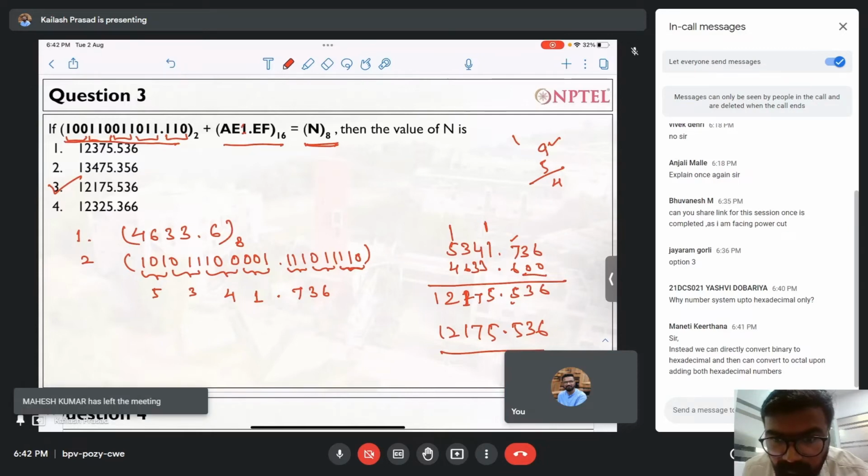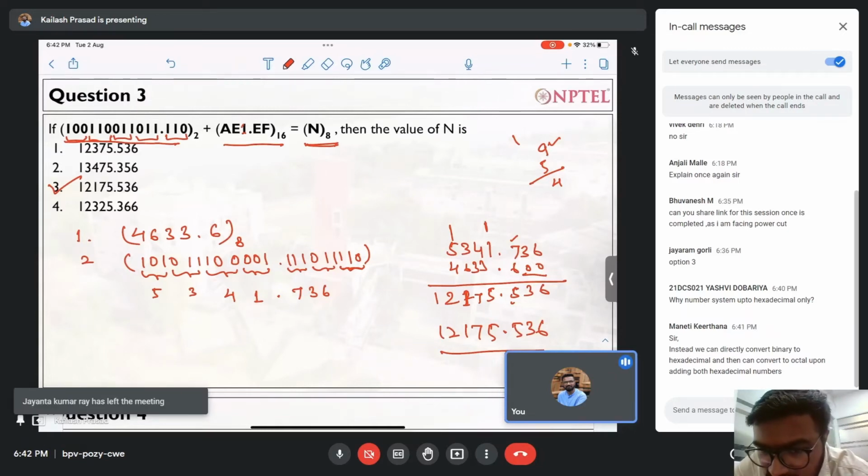Adding 0. If the number is less than 8... Can you type the question? Yes, please type the question. Your voice is not clear to me.